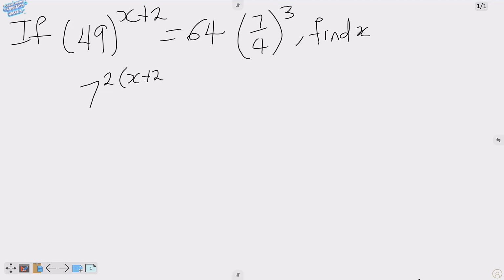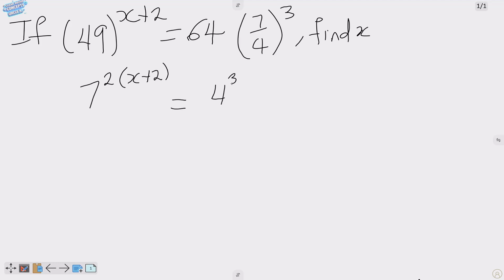Then the power that's outside there will go in the bracket. Then 64. And because we have 7 over 4, now since 64 can be written in different index forms, you can write it as 2 raised power 6. You can write it as 4 raised power 3. You can write it as 8 raised power 2. But the best one to use in this case will be 4 raised power 3.